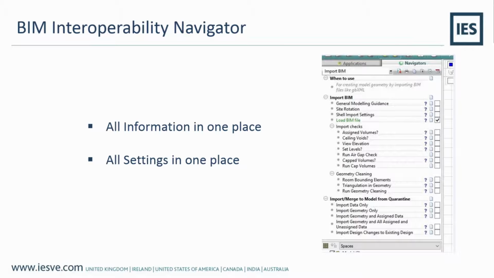We've previously had the white paper, which was quite a few pages to read through, so we wanted to take out all the key points, all the points that will actually cause issues, and get right to the bits that are actually going to help you import your model successfully from other packages, in particular here with Revit. We want to give you modelling guidance, and any common issues that can cause problems, we put in there. The shell import settings, as I've mentioned, we wanted to have up front in a single place.